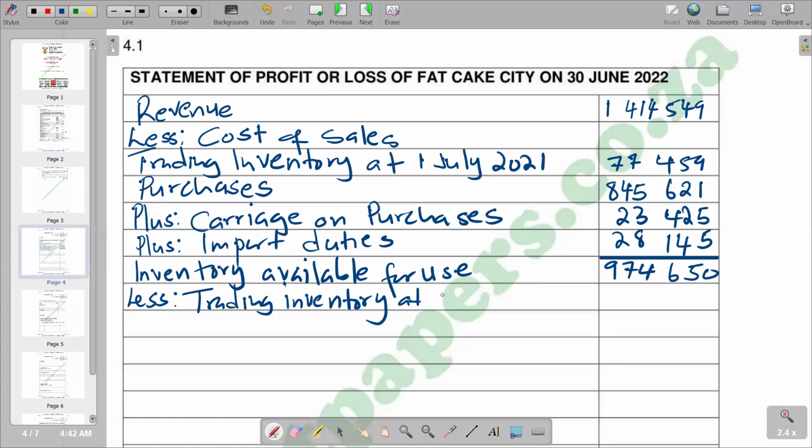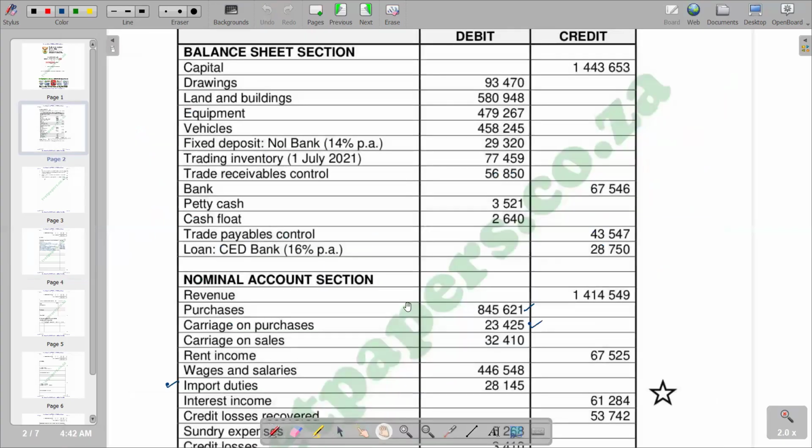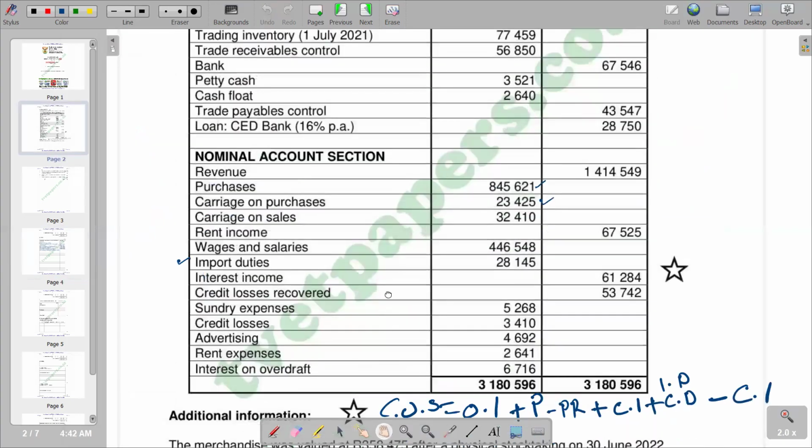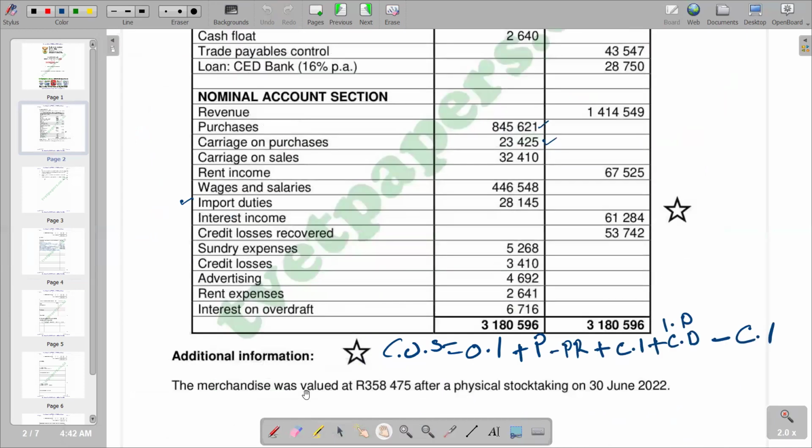That is at the end of the year, which is 30 June 2022. If we check in terms of our closing, obviously we get it under the additional information. So you can see that the figure that we have here, which is merchandise, was valued at 358,475 rand after a physical stock taken on 30 June 2022, which is at the end of the year.